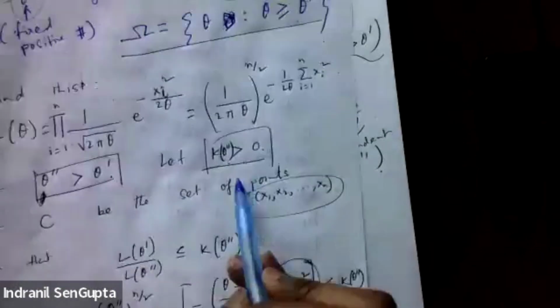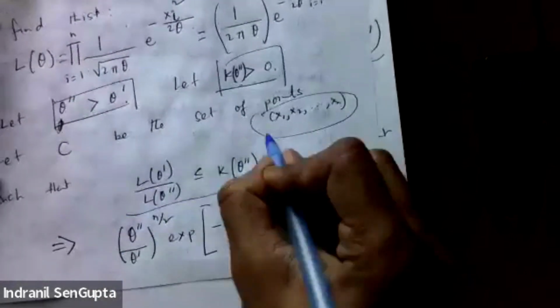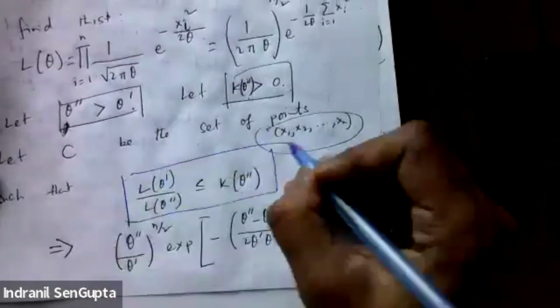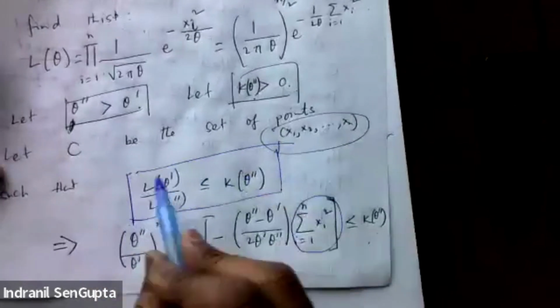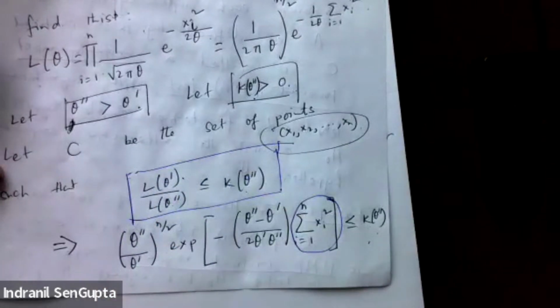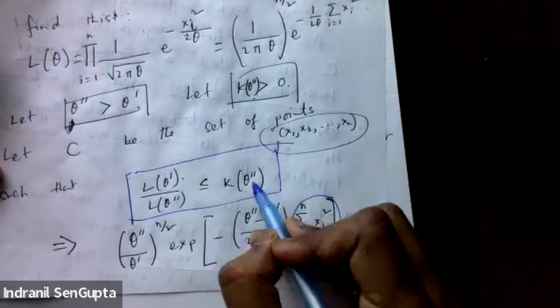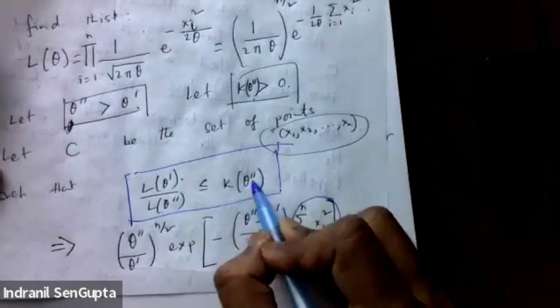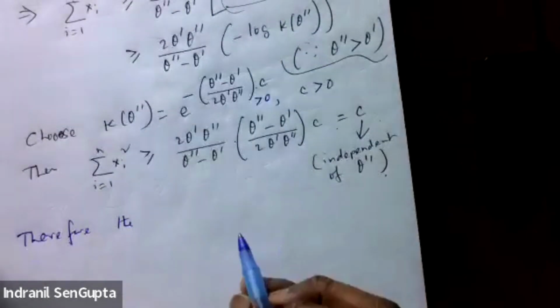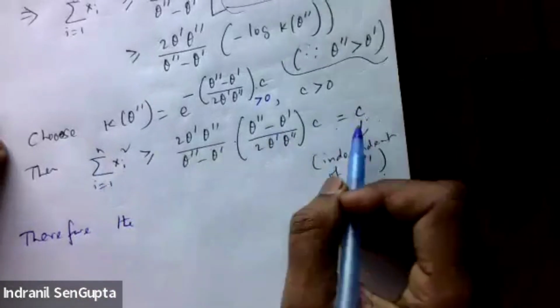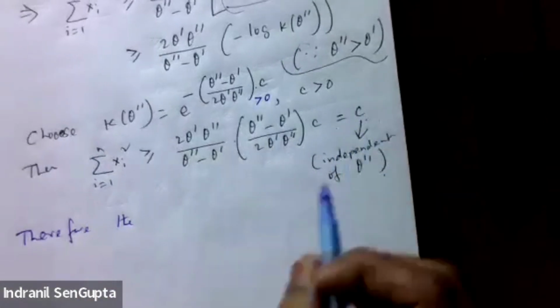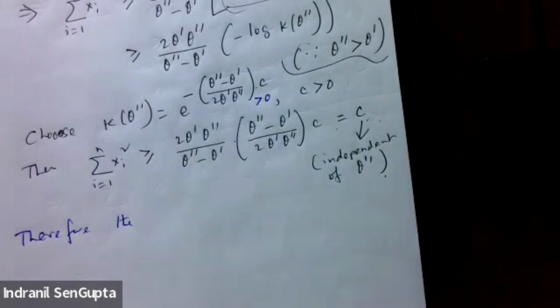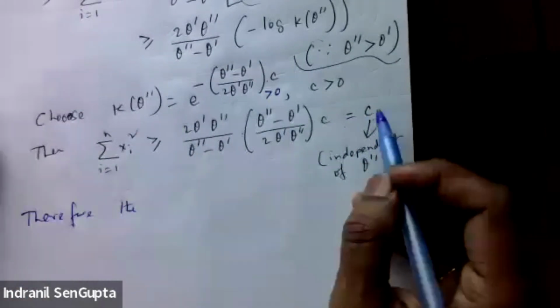So as long as this is satisfied, my Neyman Pearson test is satisfied. So I'm getting a best critical region for theta double prime. But in order to make it uniform, I have to get something which is uniform, right? So this critical region is true for every possible theta double prime because my constant is independent of theta double prime.